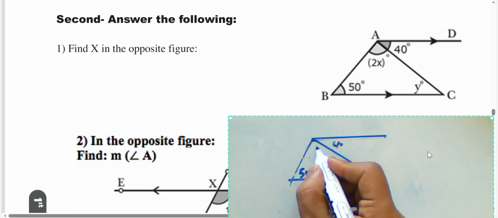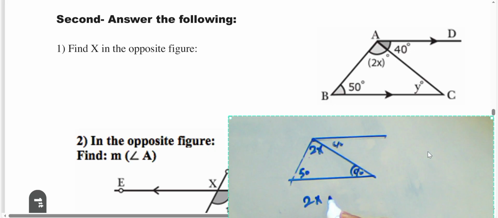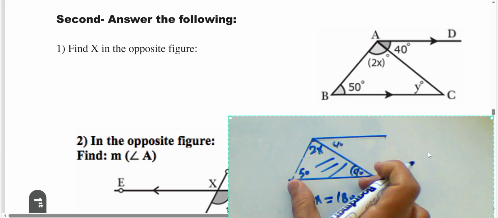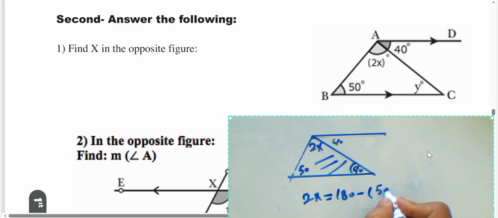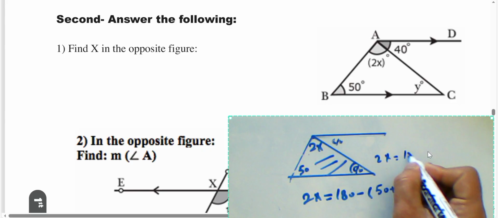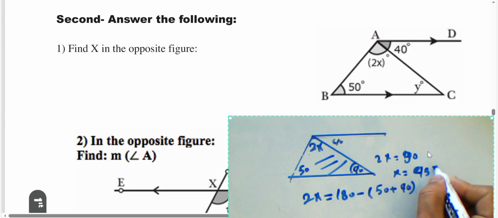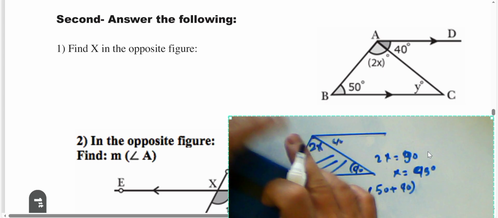You have 50 and 2x. You can write 2x equals 180 from this triangle, 180 subtract the sum of the interior angles 50 plus 40. 50 plus 40 is 90. 180 subtract 90 equals 90. Then 2x equals 90. Then the measure of angle X equals 45 degrees.